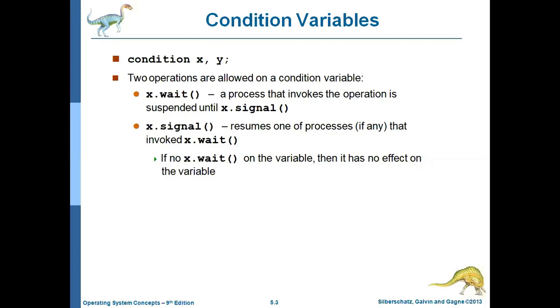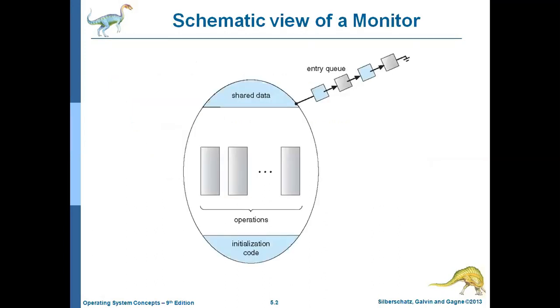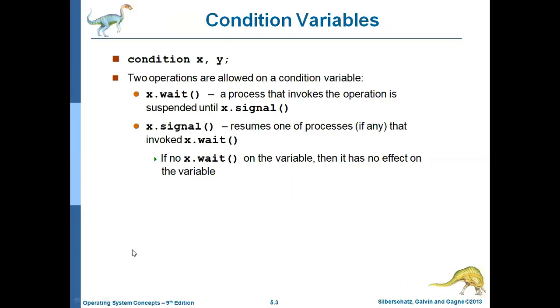Here the wait operation does this: a process performing wait operation on any condition variable is suspended. The suspended processes are placed in a block queue. And the signal resumes one of the processes that invoked x dot wait.